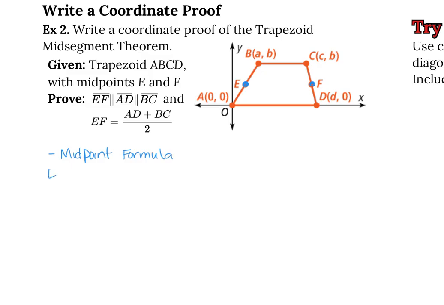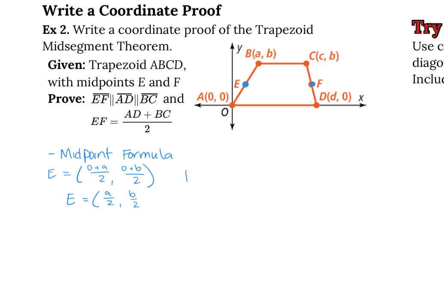Okay, so using my midpoint formula, I'm going to find the coordinate for E. So my coordinate for E is going to give me A over 2 and B over 2.